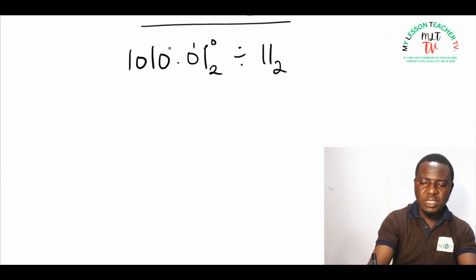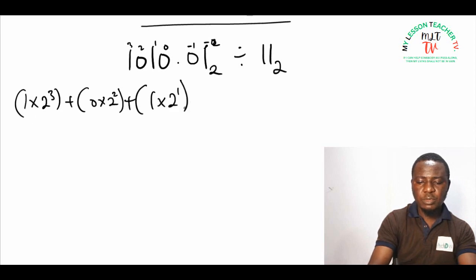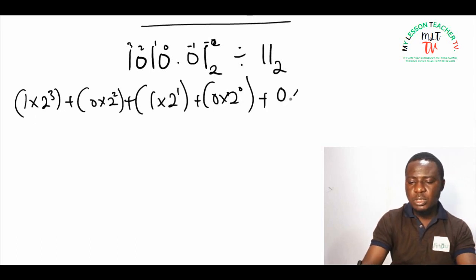So if this has place values of 3, 2, 1, 0, minus 1, minus 2, this is equivalent to 1 times 2 raised to power 3 plus 0 times 2 raised to power 2 plus 1 times 2 raised to power 1 plus 0 times 2 raised to power 0 plus 0 times 2 raised to power minus 1 plus 1 times 2 raised to power minus 2.